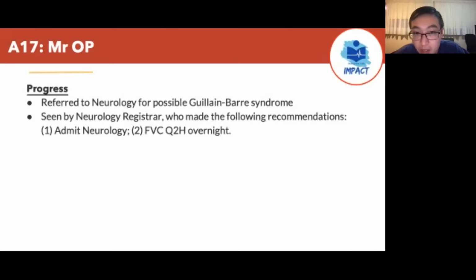The neurology registrar agreed with our impression that this was likely Guillain-Barré syndrome, and recommended we admit the patient to neurology and monitor respiratory function with forced vital capacities every 2 hours overnight, and then the neurology team will see the patient on ward round in the morning.